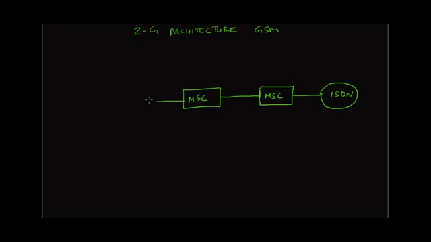Now MSC, as we all know, is connected to the BSC, base subsystem controller, which is connected to the BTS, base transceiver subsystem. The functions of all these small boxes I'll be covering in a little bit of detail, just not that much of a detail, but just a little bit.